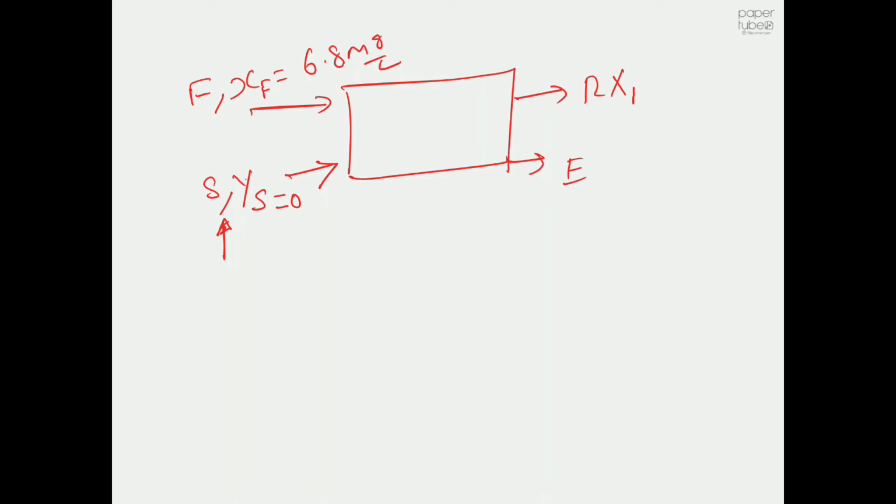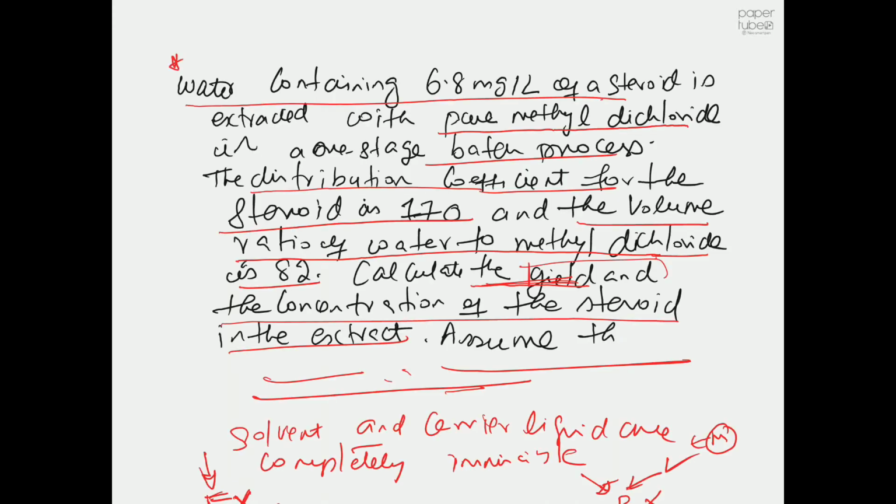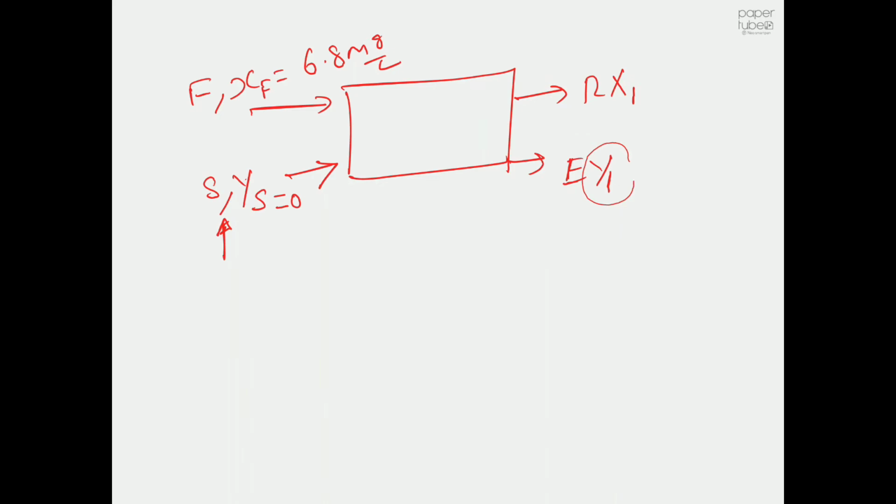We don't have it, we have to calculate it: the concentration of your steroid in the extract side, Y1. If you go back to the question I asked, assume that you have to calculate the yield and the concentration of steroid in the extract. So you have to calculate Y1. Once you calculate this one, we can calculate yield.